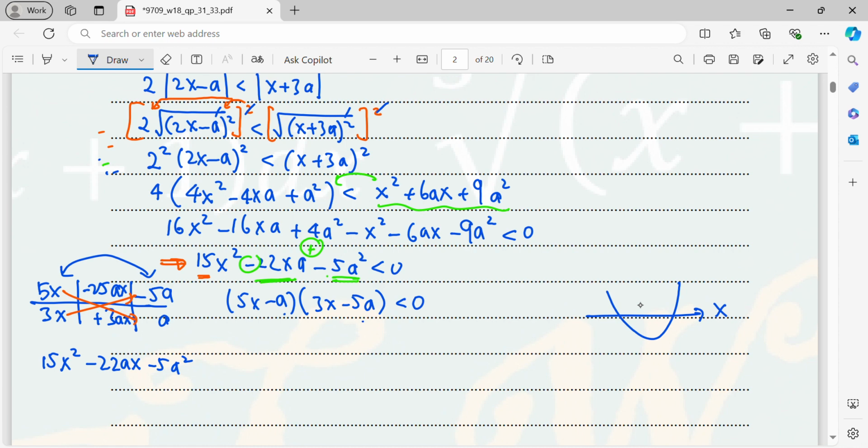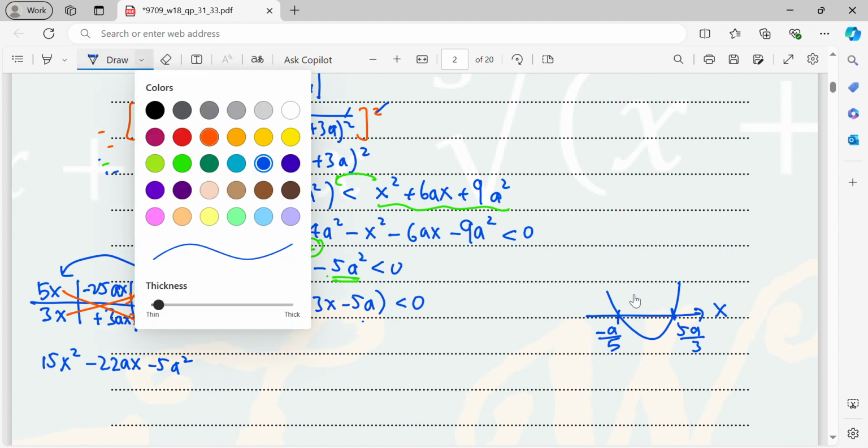And then the next one will be 5a over 3. This is because a is given as a positive constant.